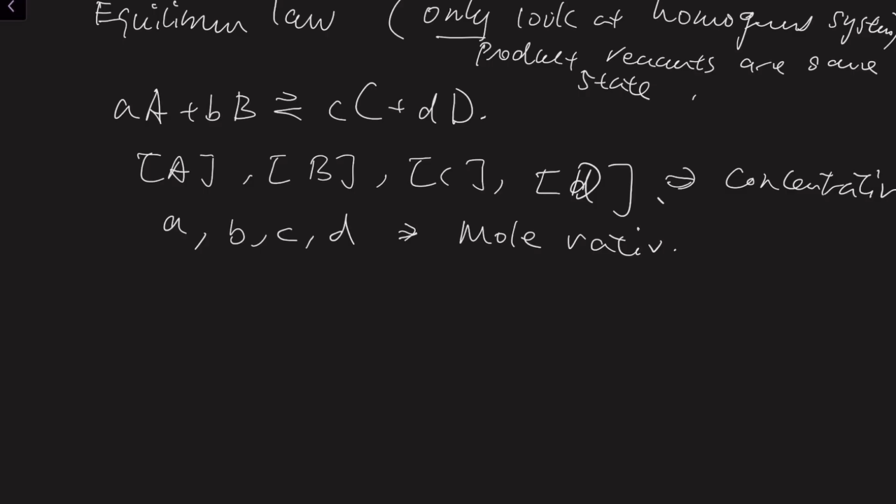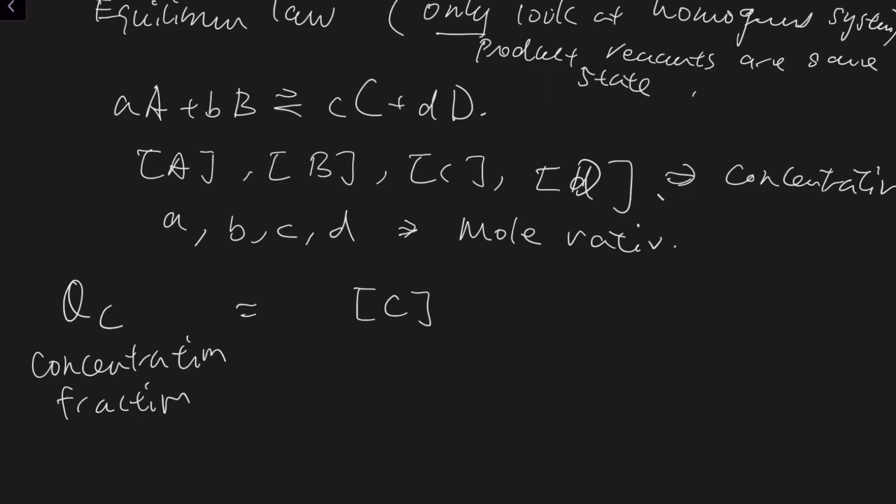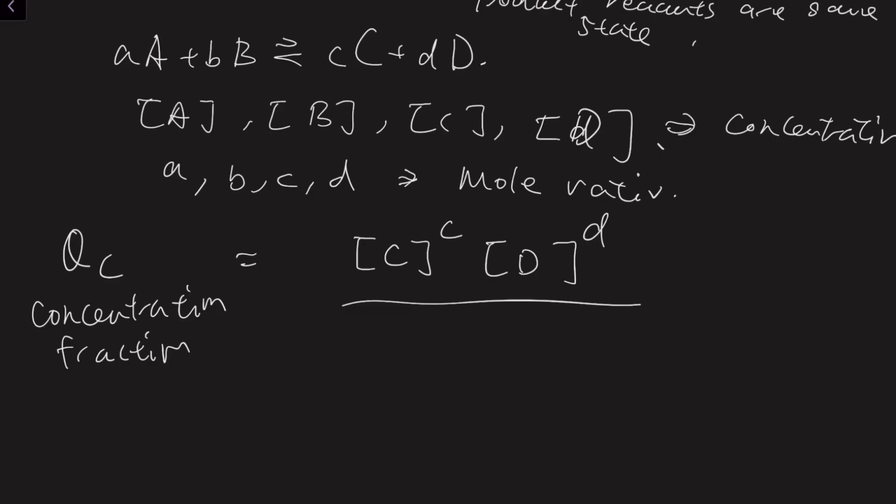And a new concept is called concentration fraction. So it is the concentration of product C raised to the power of its mole ratio times the concentration of product D raised to its mole ratio, divided by, so this is basically the product side, divided by the reactant side.